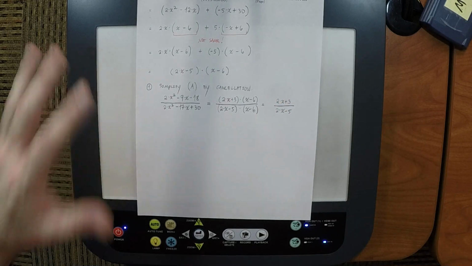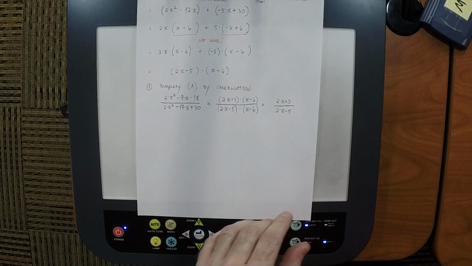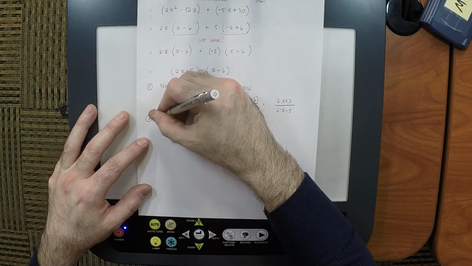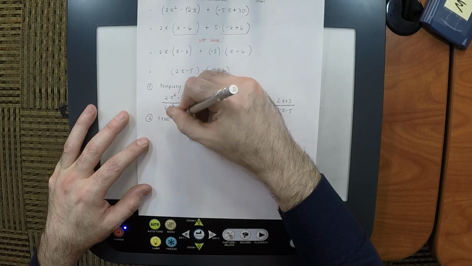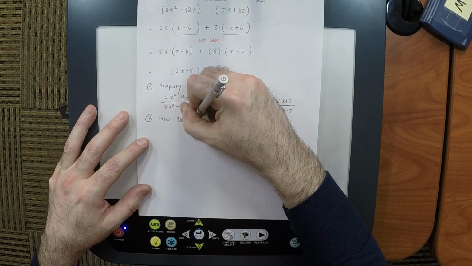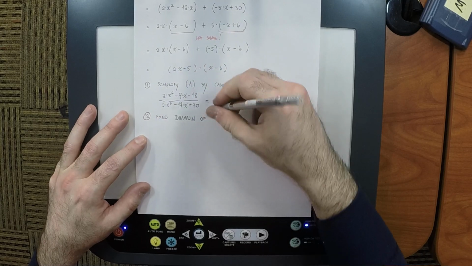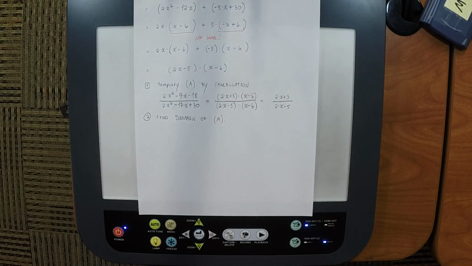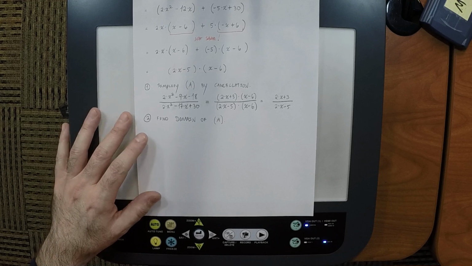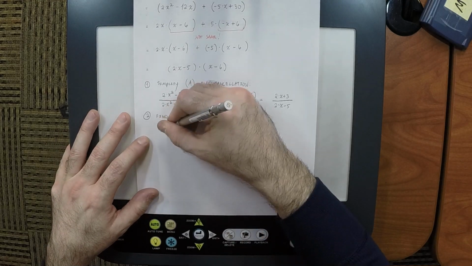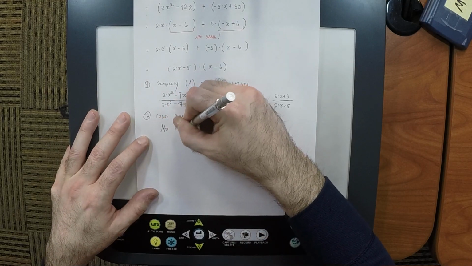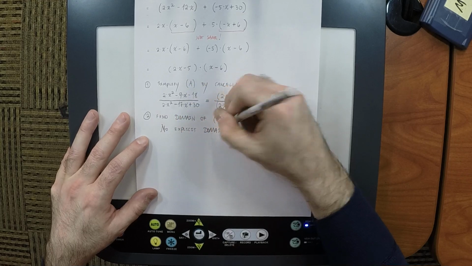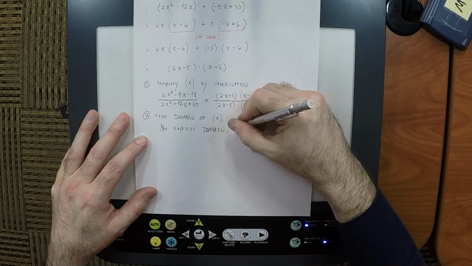All right. So now the second question was find the domain of A. So there was no domain explicitly given. So no explicit domain.